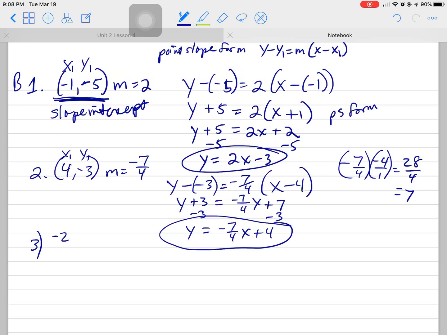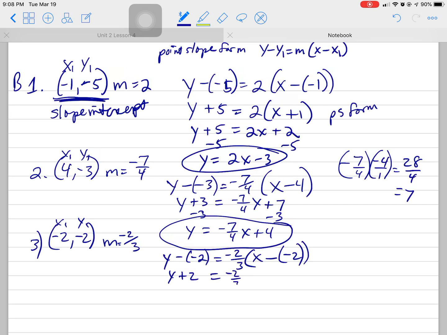3 was (-2, -2), m equals -2/3. All right. Y minus y1 equals the slope times (x minus x1). Y plus 2 equals -2/3 times (x minus 2). What is -2/3 times a positive 2? -4/3.